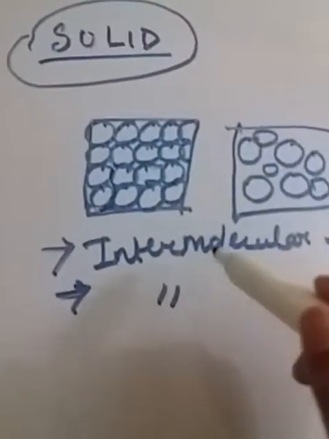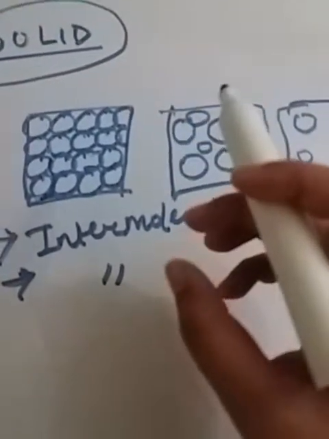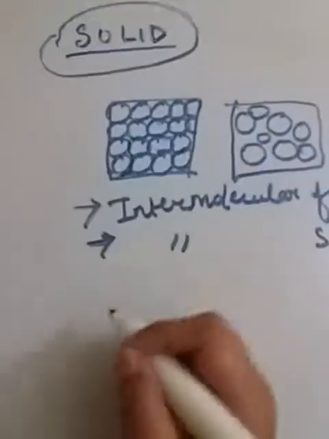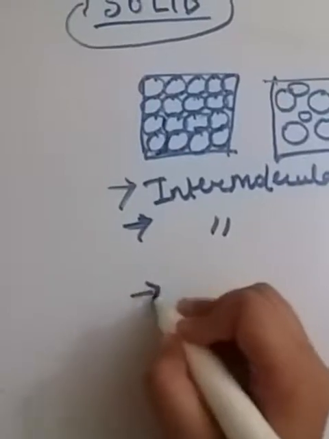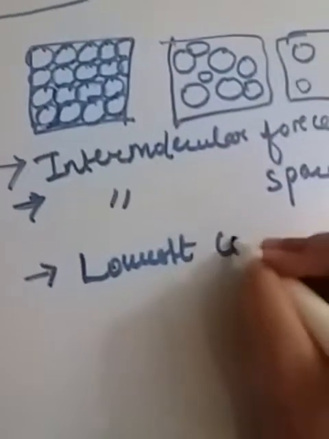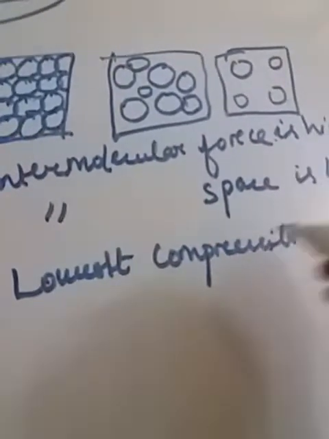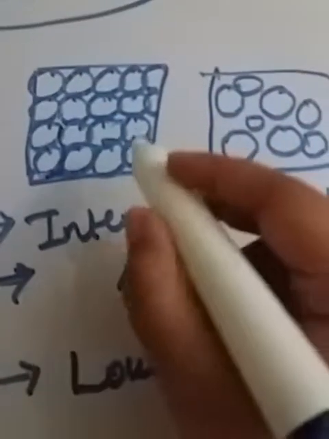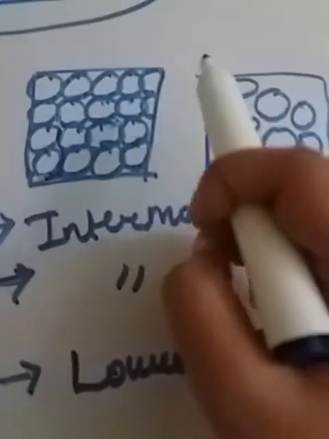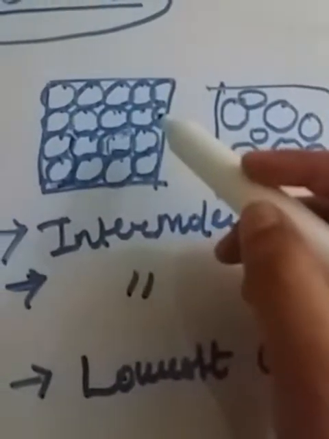So if space is too less, how will the compressibility depend on this solid state? Lowest compressibility, as there is hardly any space between these molecules, so you can hardly compress them. It will be very difficult because the molecules themselves would have to get compressed.